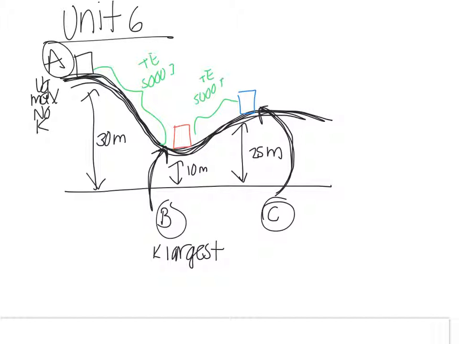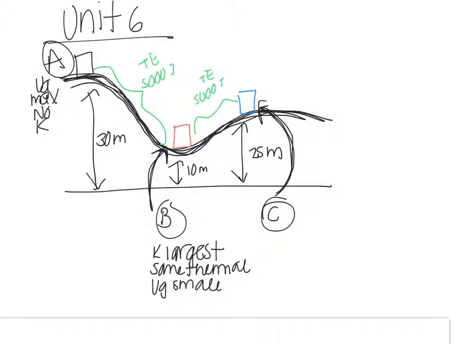I'm on my way down to the ground. I'm closest to the ground there, which is where I would have the maximum kinetic energy. I'm going to have some thermal, and they tell you how much here, and whatever is left over to get to the equal total energy will be potential, and it's going to be pretty small.